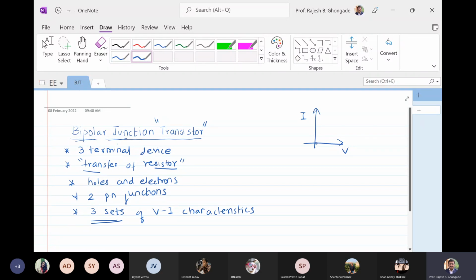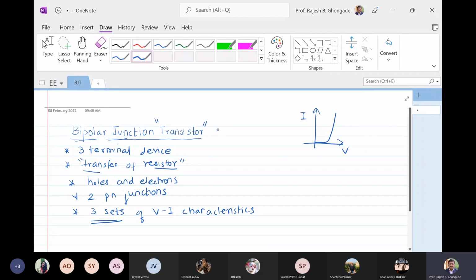So we had something like this. In this case, we have three sets of VI characteristics. We are going to see why we have three sets of characteristics. First, please remember this. The performance may be defined based on these characteristics.